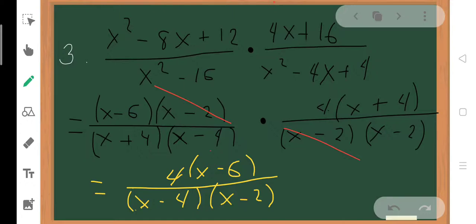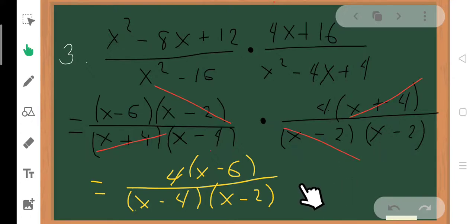And what else? We have x plus 4 in the numerator and x plus 4 in the denominator. So what remains are 4 and x minus 6 in the numerators, and in the denominators, x minus 4 and x minus 2.